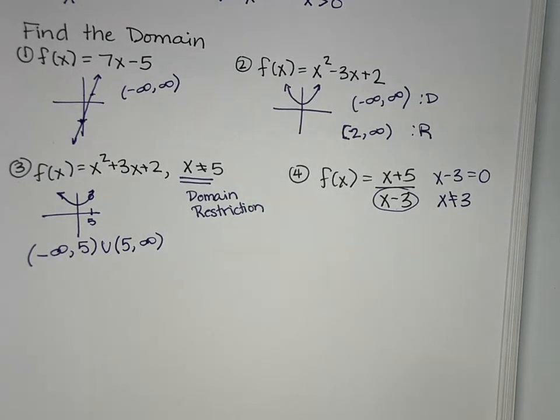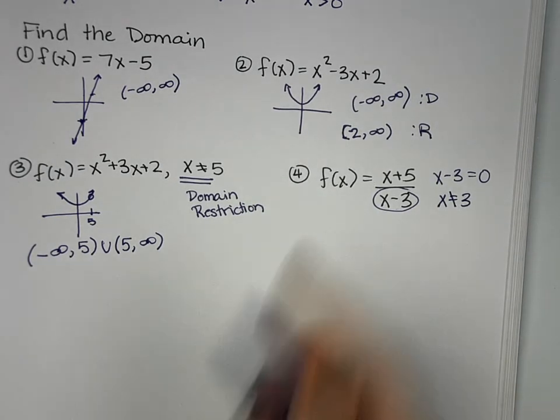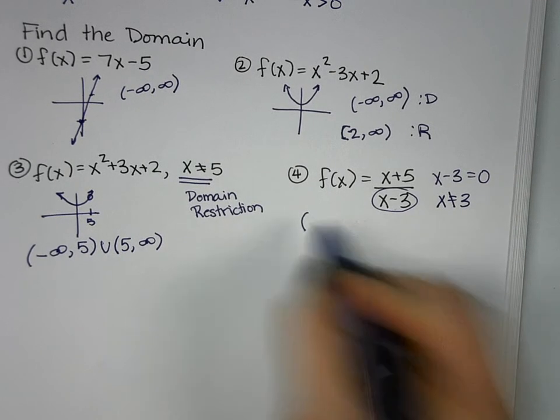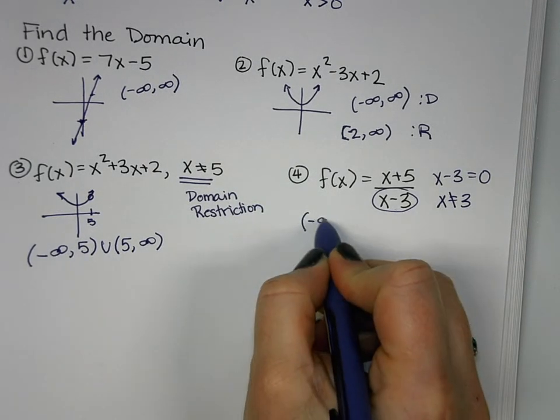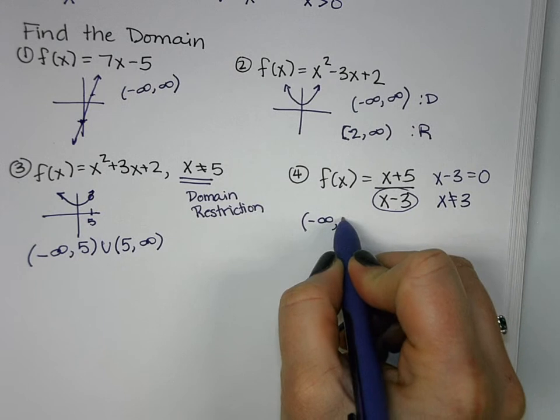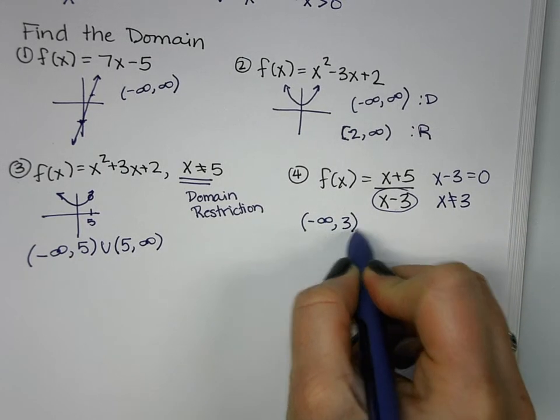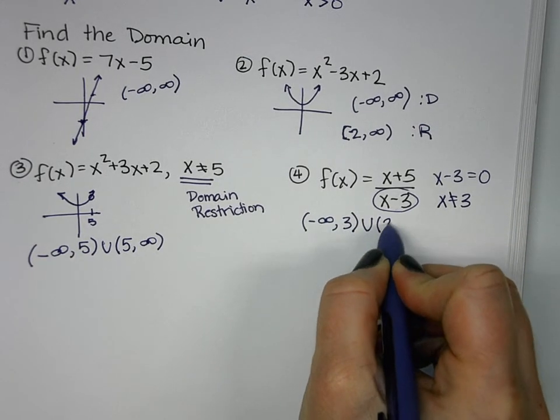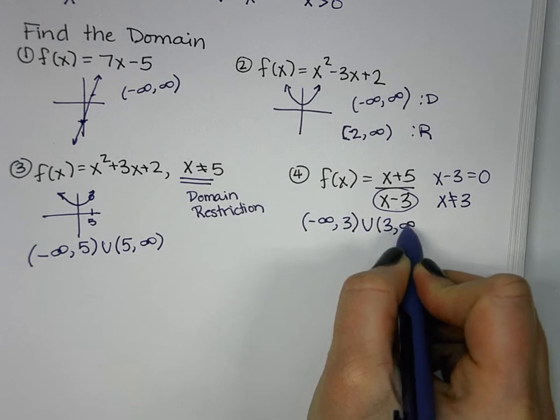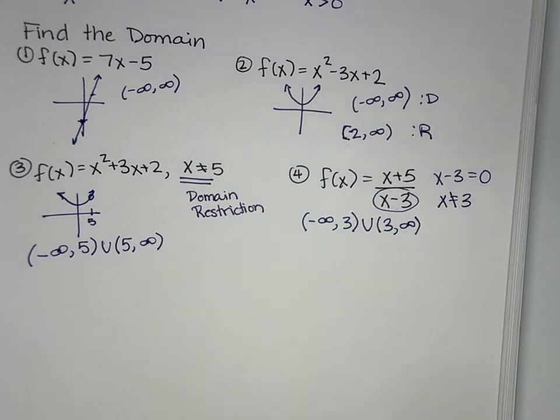So I know that my domain is going to be every x value from negative infinity all the way up to 3, but not 3, in union with 3 all the way to infinity. But again, using parentheses to make sure that we're not including that 3 in our domain.